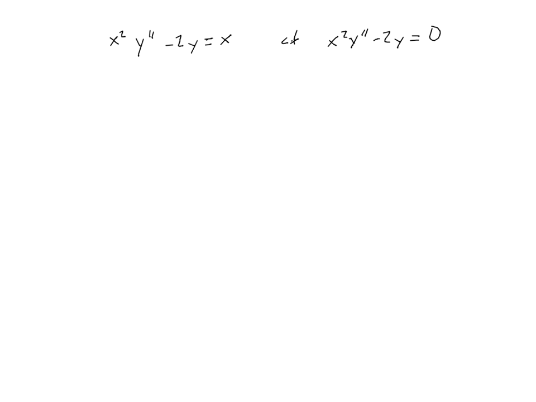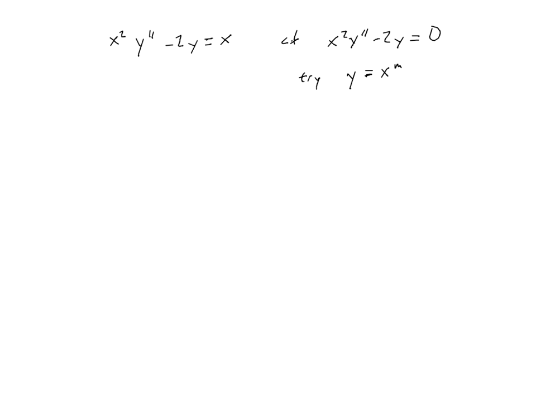So for this, I'm going to try y is equal to x to the m. Okay. Now, why did I choose that? Any ideas? Because of the x squared of that? Right.